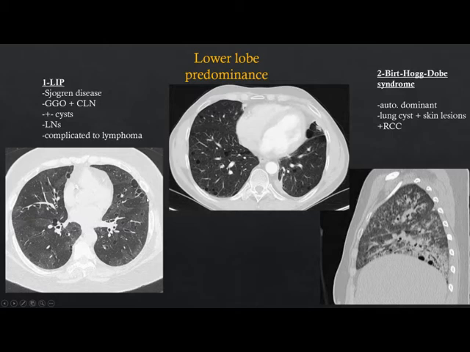The next differential diagnosis of lower lobe cysts is Birt-Hogg-Dubé syndrome, which is an autosomal dominant disease, and it's actually a triad. It consists of lung cysts, which are predominantly lower lobe, as we can see in this sagittal image, as well as skin lesions and renal lesions, which can be renal cell carcinomas.